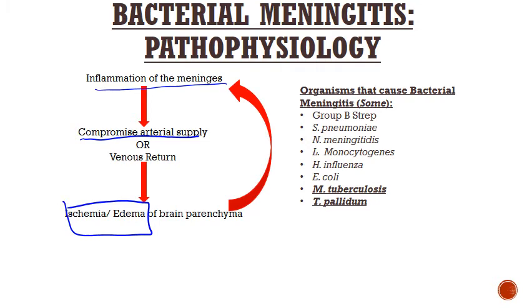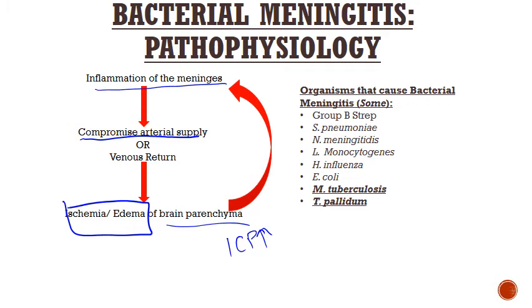As the brain parenchyma continues to swell with all of the edema, the intracranial pressure increases, and that's going to further compromise the blood flow as well as the brain parenchyma. So it's this forward-feeding cycle. This is what leads to the long-term sequelae that's due to these ischemic brain lesions.